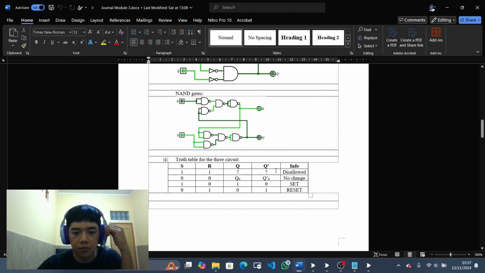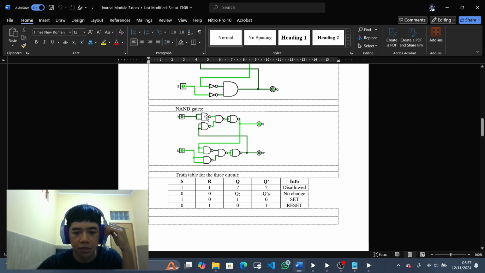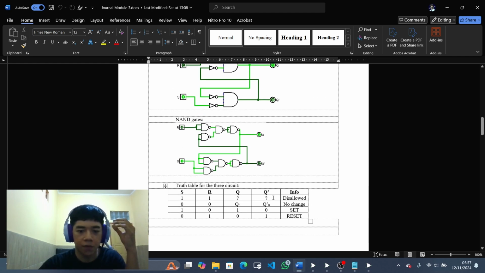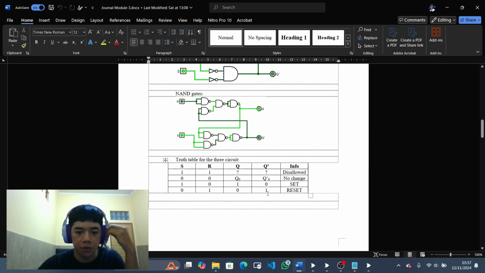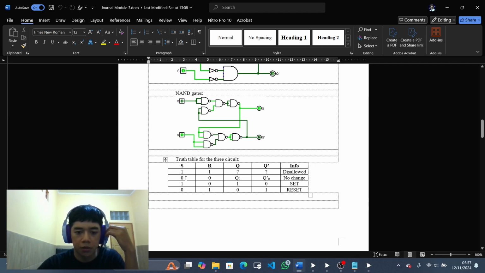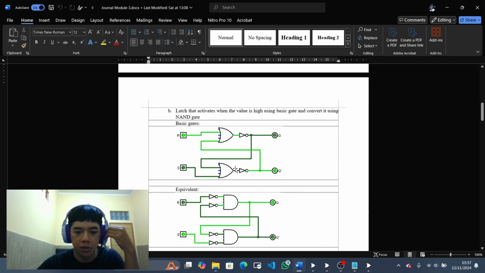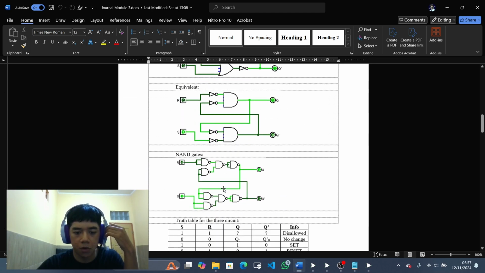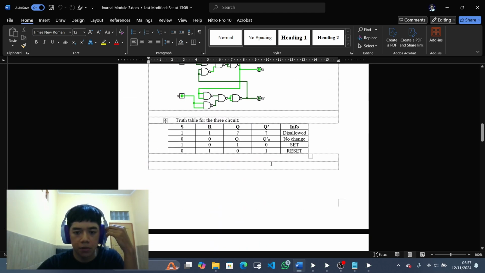But the difference is within the truth table. For the active high case here, if S and R both have value 1, it will have an ambiguous value. And the other ones are just the reverse of this truth table from 1A. So that basically sums it up.